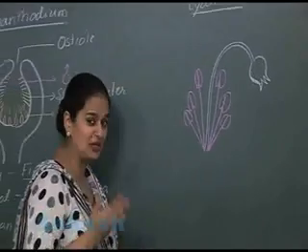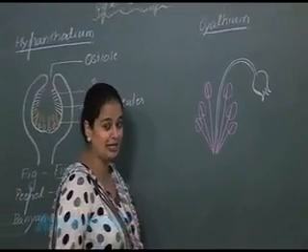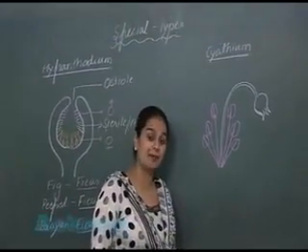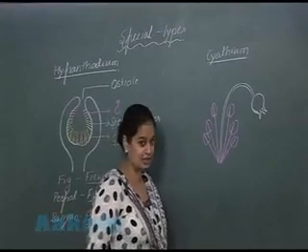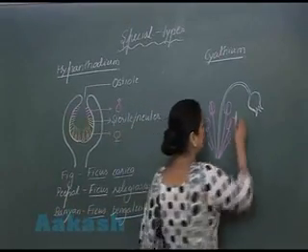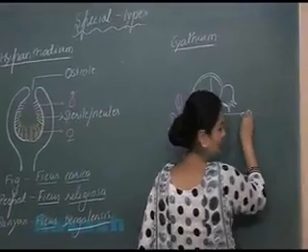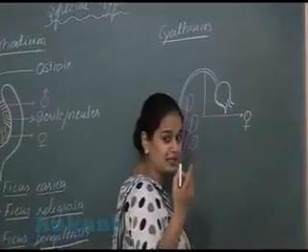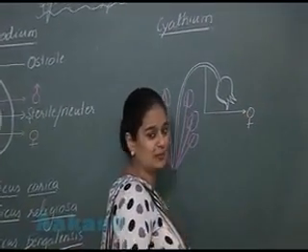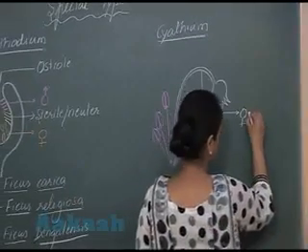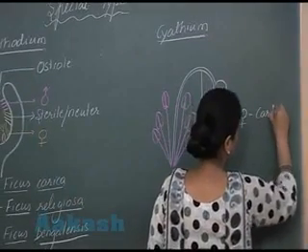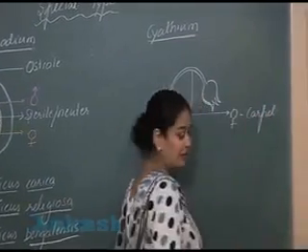ये जो मेल और फीमेल फ्लावर्स यहां पर मैंने बनाए हैं, इन फ्लावर्स के अंदर सेपल्स और पेटल्स एब्सेंट हैं. So you can easily see here, ये मैंने बनाया है फीमेल फ्लावर. फीमेल फ्लावर के अंदर sepals and petals are absent. There is only presence of the gynoecium, only presence of the carpel.